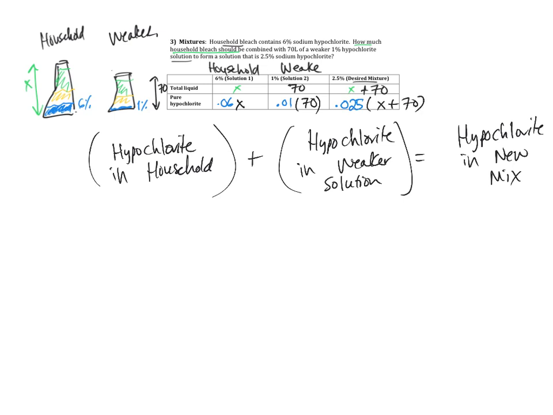When we add household and weaker, that gives us our new desired mixture. So now we've put the information into an equation, and you can go ahead and solve. I'll give you a minute, just pause the video, and see if you can come up with the correct solution.